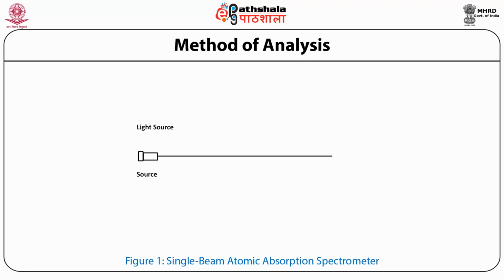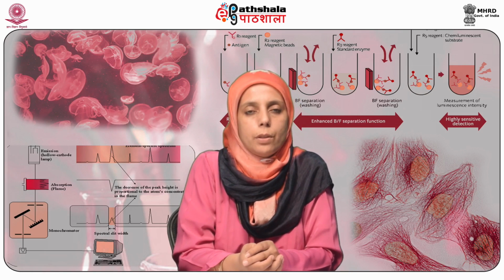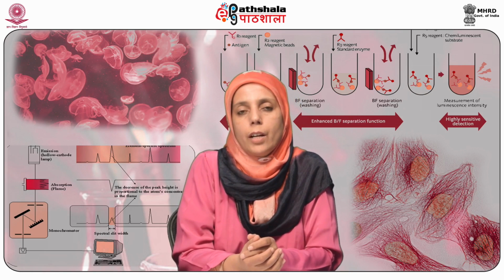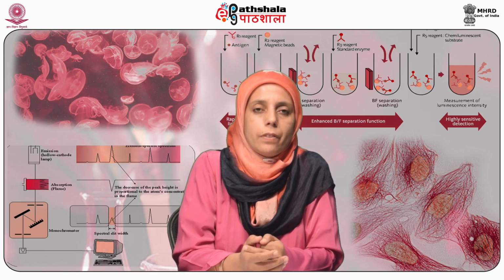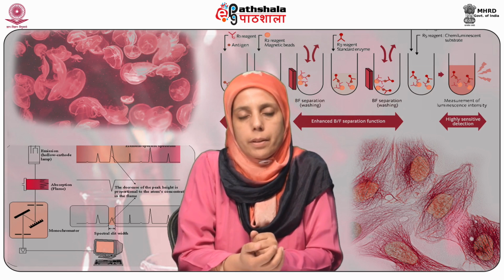The detector may be a photomultiplier tube or other CCDs, then the recorder and readouts. Among the various methods of analysis of pollutants, atomic absorption spectroscopy is one of the reliable methods for analysis of lead in the sample.